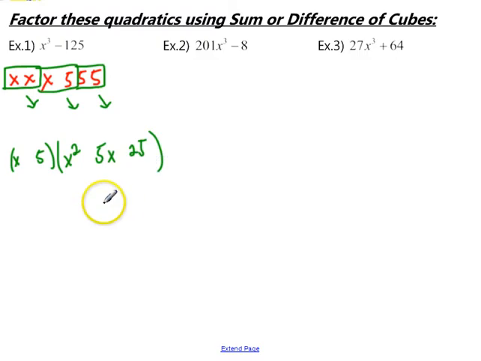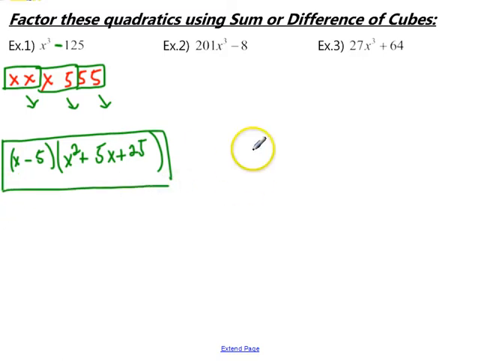And then when it comes down to the signs, remember, the first one is the same, second one is opposite, and then the last one's always positive. Remember, SOP. So here's our factored form using difference of cubes. So I want you to go ahead and try example 2 and example 3 and check back with me when you're finished.